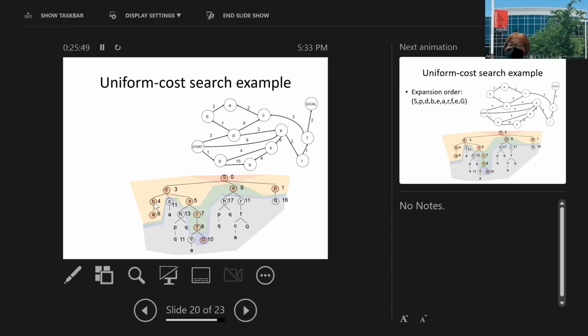E, because E's cost is 5. Who is next? It's C. And Q, did you see, even though we added it quite early, it's pushed back in the queue because the cost is too much. That's why, in this search tree, the different colors show the contour of the search space. Okay, so this makes sense? The uniform cost search, okay.